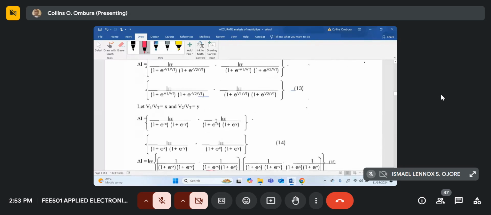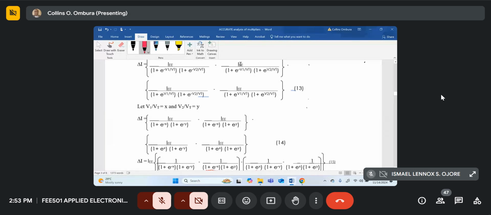Let me put it here so we can see all the equations. For this first part, in the numerator, 1 plus e to the minus V1 by Vt. V1 over Vt is X, so it's 1 plus e to the minus X, 1 plus e to the minus Y. So it's this term over here.